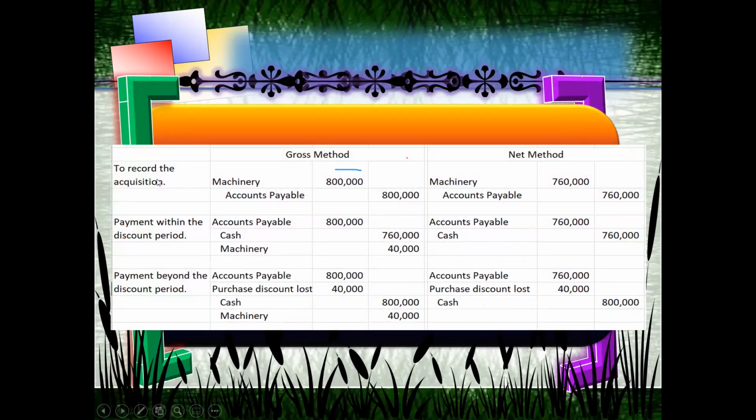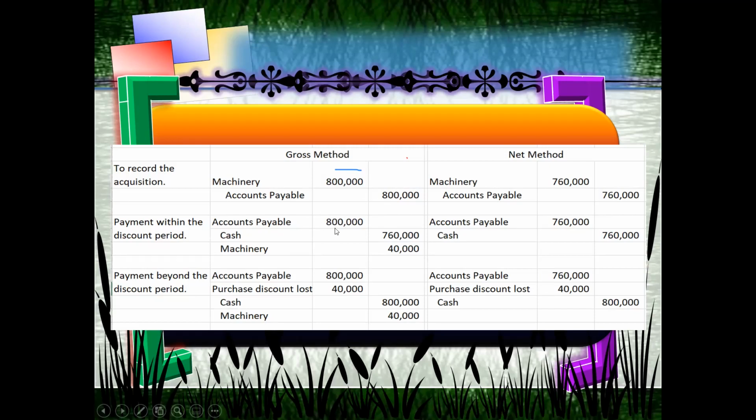So, to record the acquisition of the machinery, you just debit machinery at 800,000, credit accounts payable at 800,000. Now, if the payment was made within the discount period, ito yung magiging itsura ng entry mo. You just debit accounts payable, since yun yung amount na credit mo before.